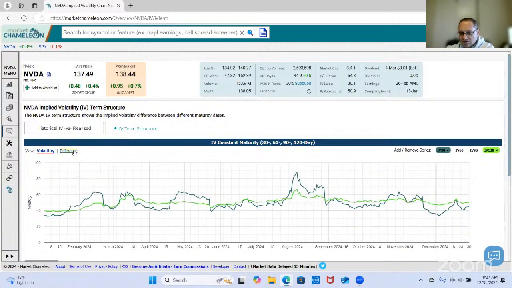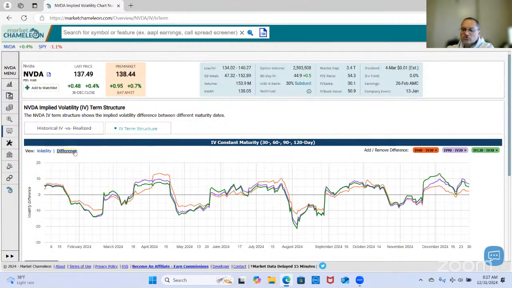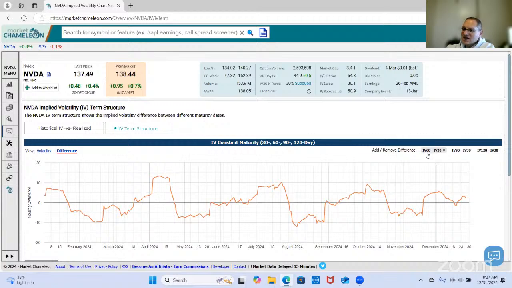There's another real quick tab where it shows us the difference. So if I click on the difference over here, and let's say we want to see the 60-day minus the 30, I'm going to uncheck these. And this is IV60 minus the IV30. If we take the 60-day implied volatility and subtract the IV30, if we get a positive number, that means the 60-day is above.